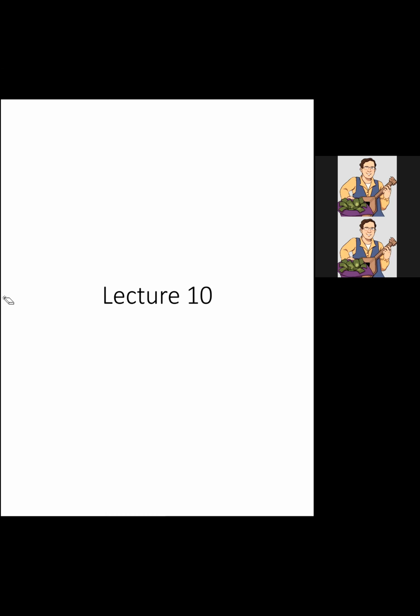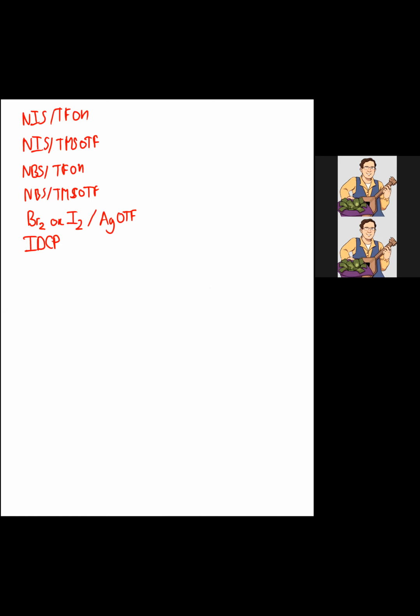So we left off last class. This was the last slide I left on, and these were the conditions to take a glycosyl sulfide thioether and activate it using any of these things with the nucleophile.